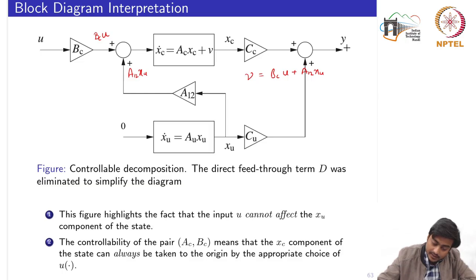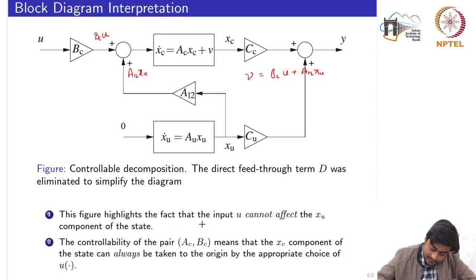Multiplied by C c, we would have the output Y. So you would see that x c is only being influenced by U, and x u there is no influence, or you can say it's by 0. So this is the uncontrollable part, because you cannot control it, since the input would always be 0. You cannot manipulate the input. Okay, so there are two points which should be noted.